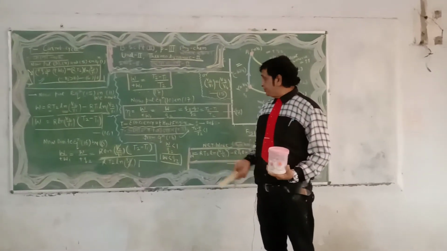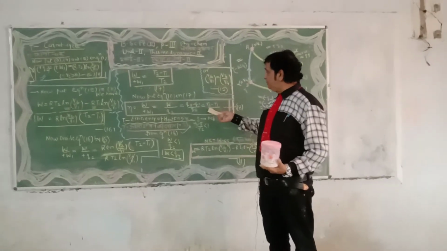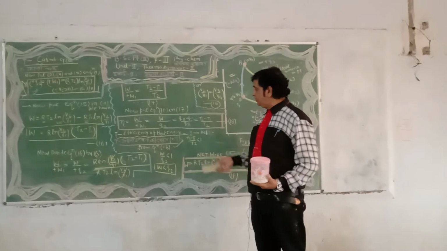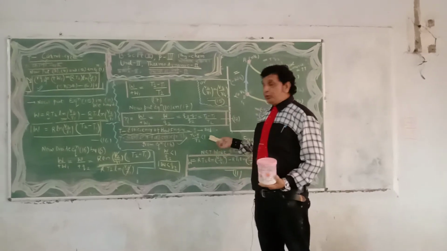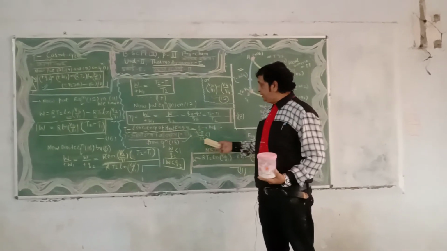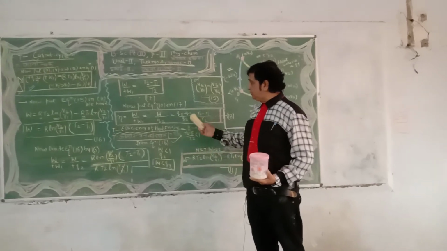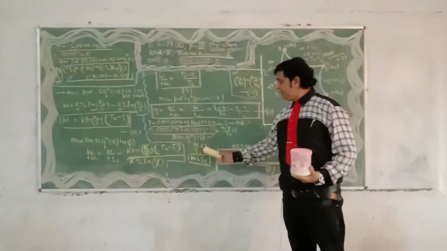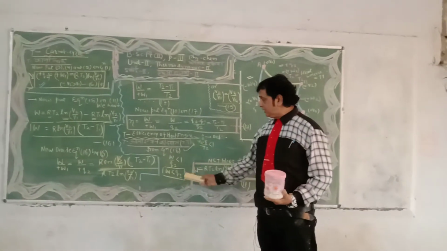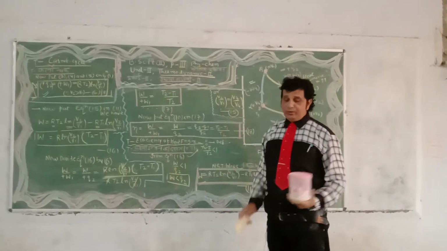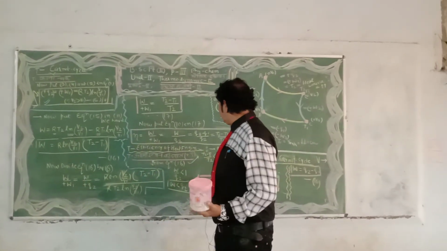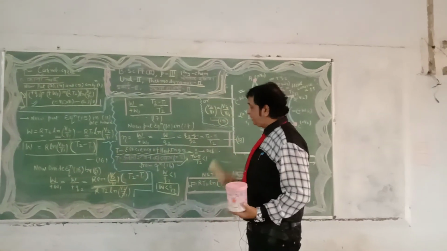Also, (T2 minus T1) upon T2 is less than unity. Since this quantity is equal to W upon Q2, on solving this equation Q2 is greater than W. Amazing result we get from this expression.